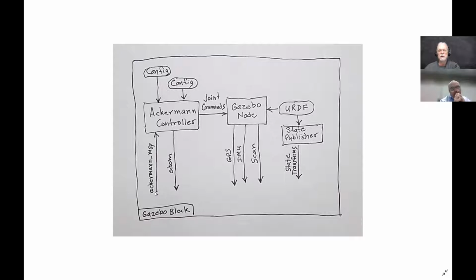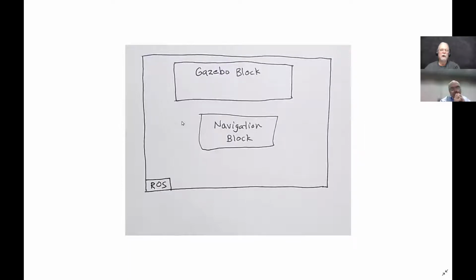So what I could do is I could take the translator node out of Teb Planner, and that will convert command velocity into Ackerman message. So out in my world here, I could start up a node that says convert command velocity to Ackerman message. So then Ackerman message goes into the Gazebo block, and the command velocity comes from the navigation block. So I could use that translator and not have to change the code.